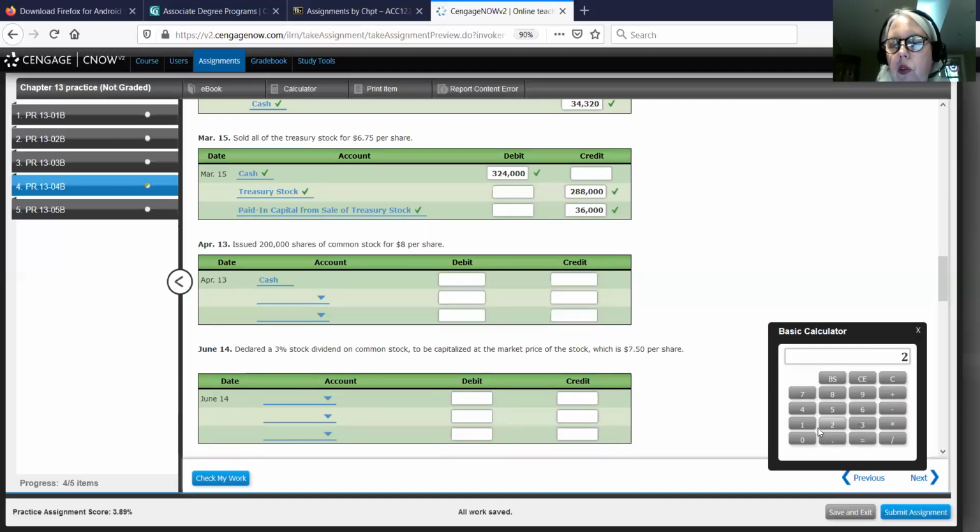And since it was 200,000 shares that we sold, we would multiply that by $8, and that will give you 1,600,000 as the cash amount that we would have received. To increase cash, you would debit it for 1,600,000.